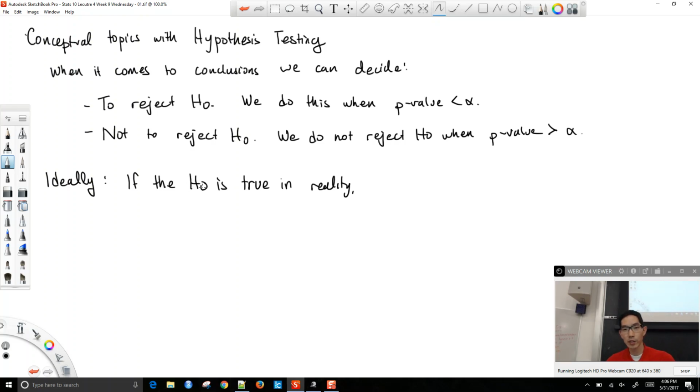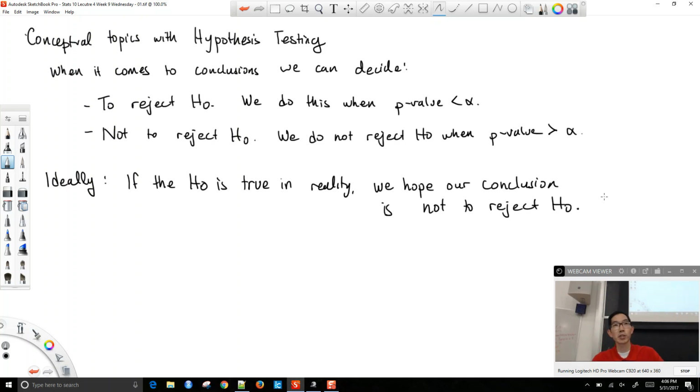If the null hypothesis is true in reality, we hope that our conclusion is, what do we want our conclusion to be? Is not to reject the null, right? Okay. If the null hypothesis is true, we hope our conclusion is not to reject it. Yeah, question? Fail to reject and not to reject. Yeah, fail to reject, not to reject, those are the same things.